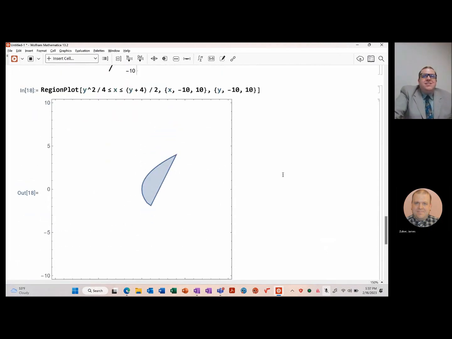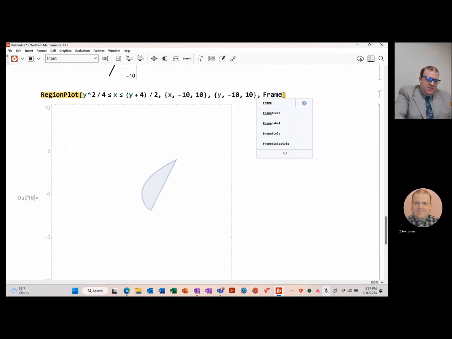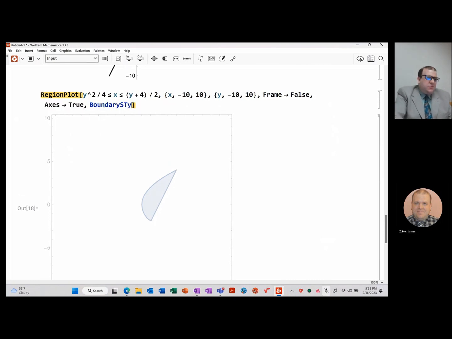Right, so again, I'm going to adjust some settings. Frame false, axes true. Boundary style, also going to do black, and then it's the region style. Uh-oh, no. No, that's not going to work.